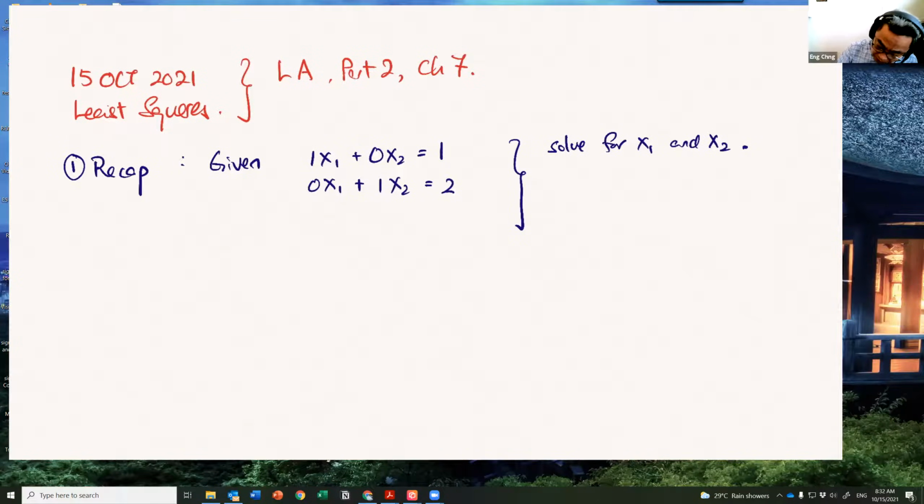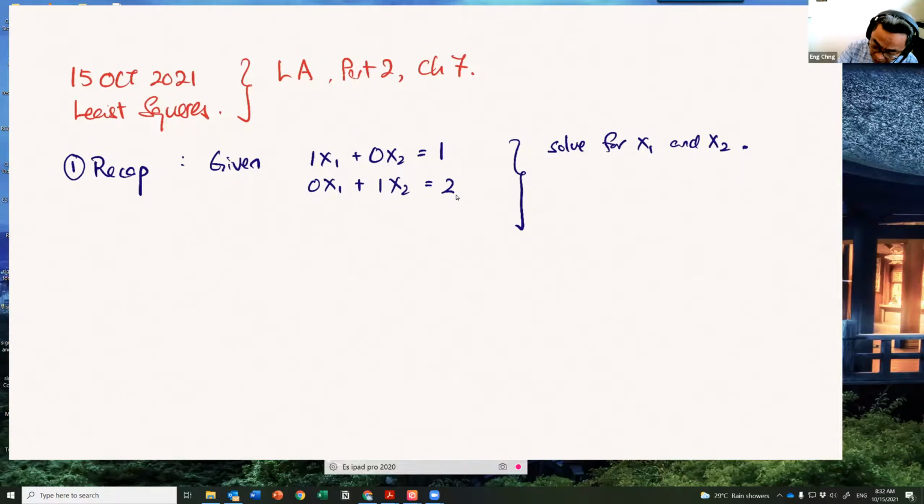Right, let's start. Now we begin with the simple problem of this. What we did in lecture 1 is that we are given 2 equations and 2 unknowns. Here, 1x1 plus 0x2 equals 1, 0x1 plus 1x2 equals 2, and we are asking you to solve. Of course, visually by inspection, you immediately know x1 equals 1 and x2 equals 2.